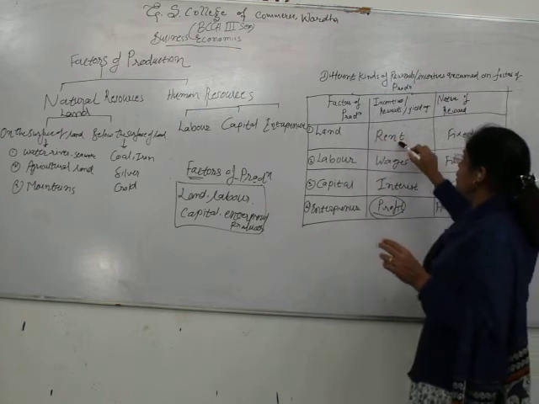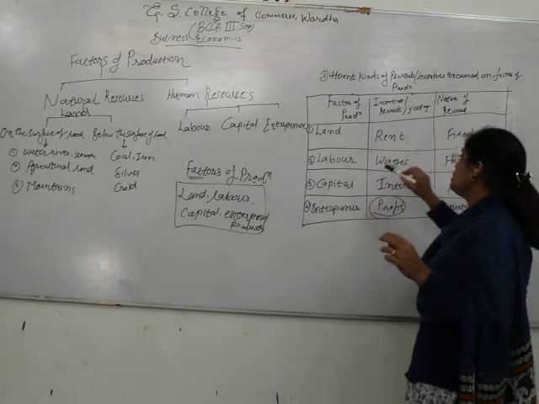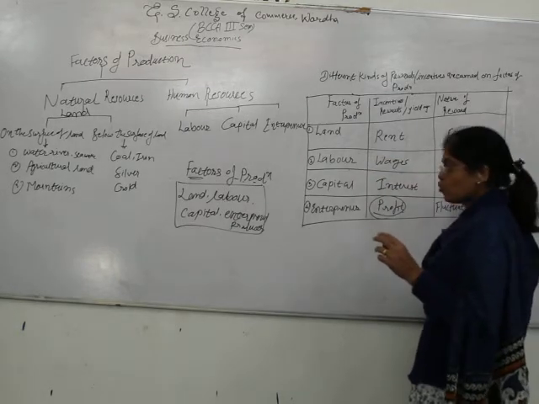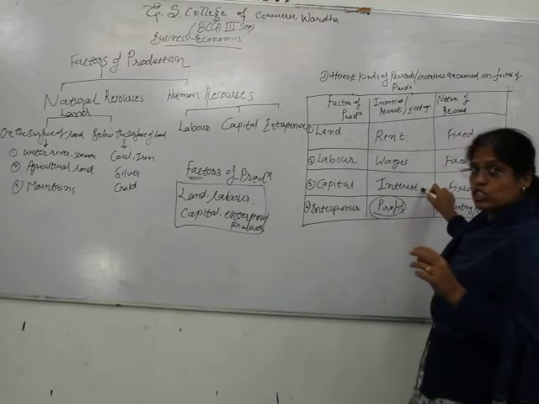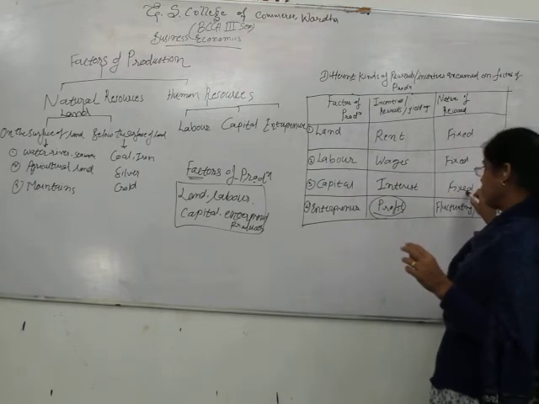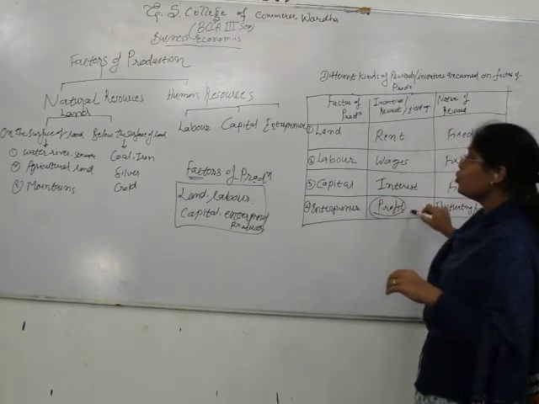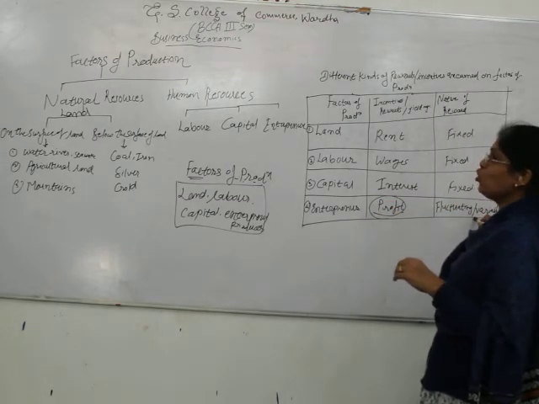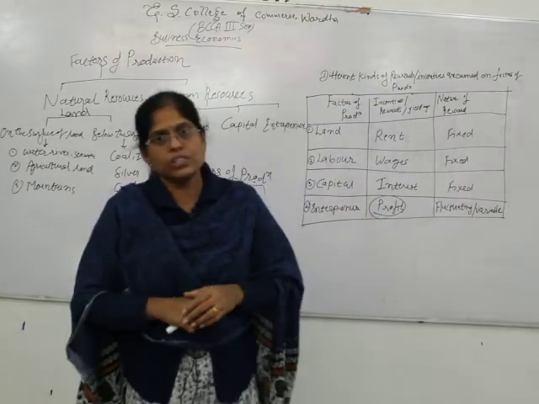On land, you earn rent, and that rent is fixed. Labor earns wages, which are also fixed. On capital, interest is earned and that interest is fixed. Only the entrepreneur or producer earns profit, and that is the only variable or fluctuating factor. So this is enough for today.